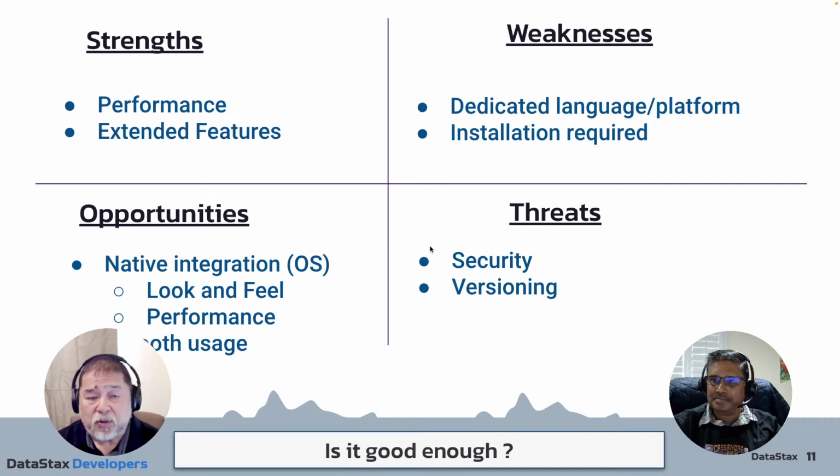There are a number of strengths and weaknesses across the different application types. For example, native mobile applications may have very high performance and extended features, but a weakness is they use a dedicated language and platform.